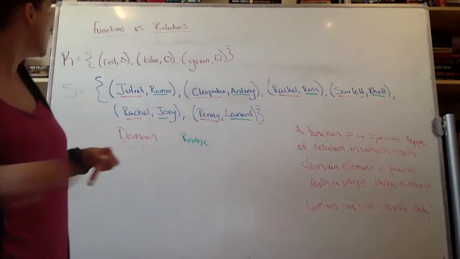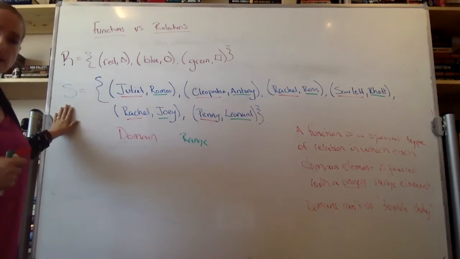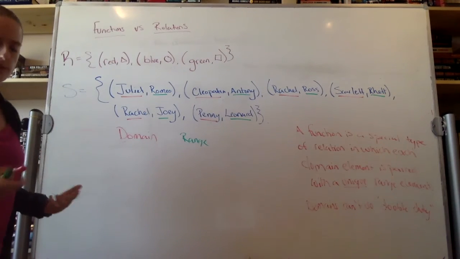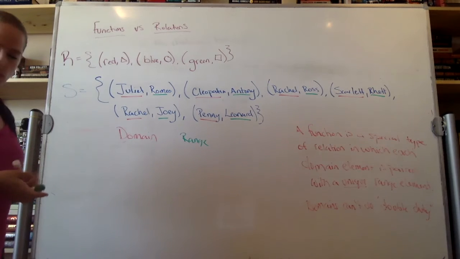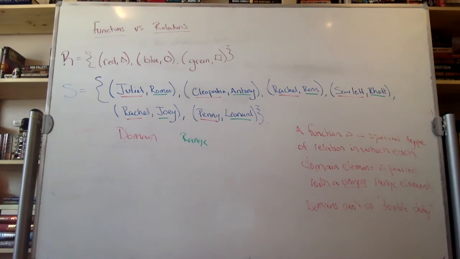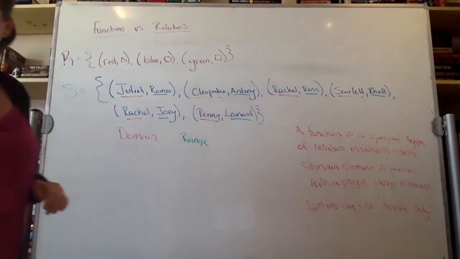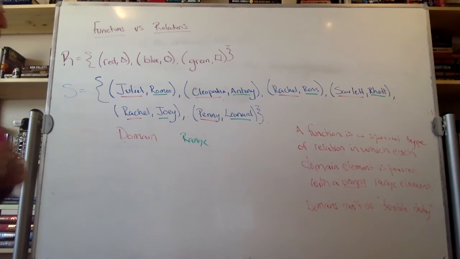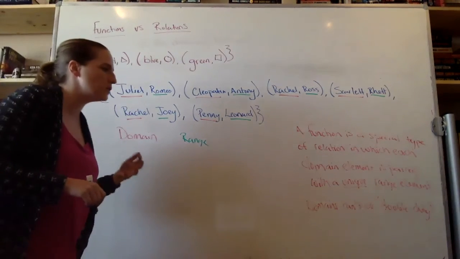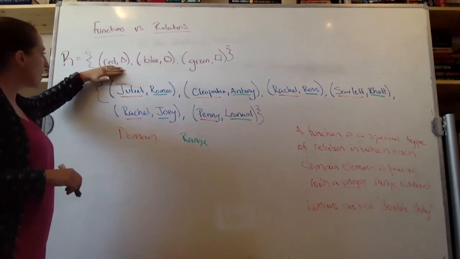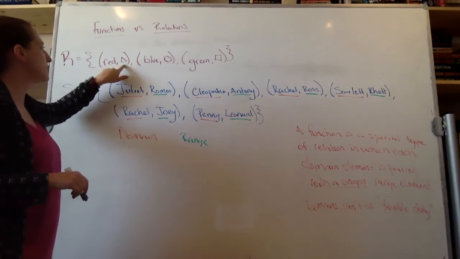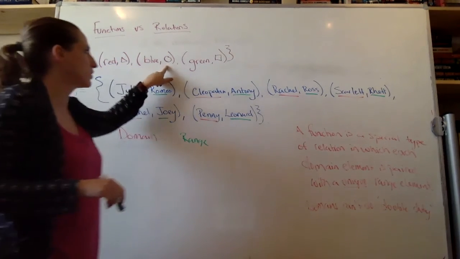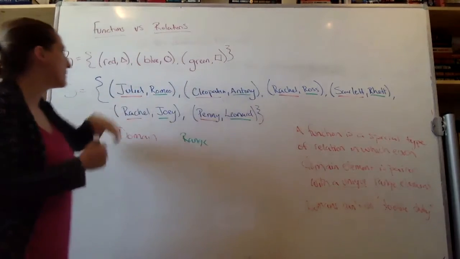So up here, one of these would qualify as a function and one of them would not. Let's think about which one would be a function and which would not. Now remember, a function has this property that each domain is mapped with a unique range. In other words, a domain can't do double duty. So if we look at R, we have red mapping to triangle, blue mapping to circle, green mapping to square.